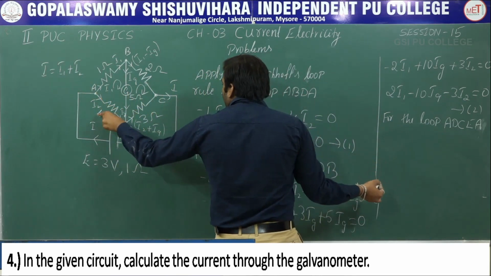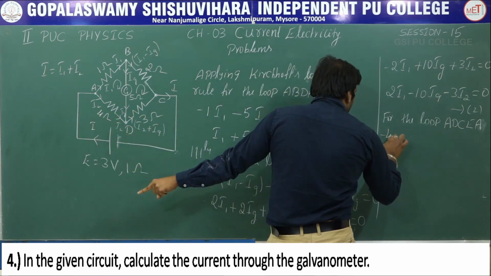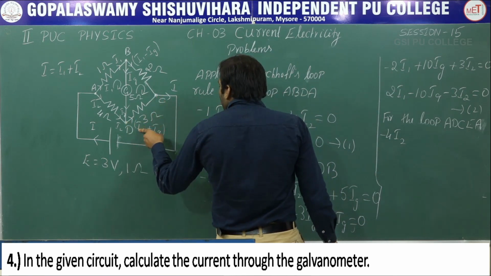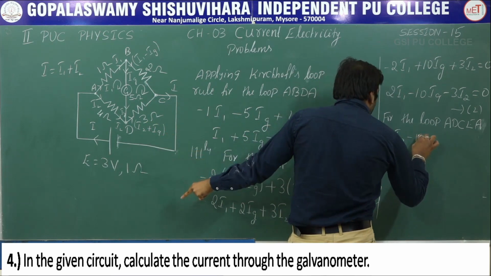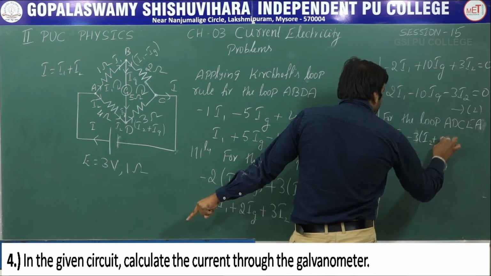From A to D, current is I2, resistance is 4. This will be minus 4 I2. From D to C, I2 plus Ig into 3. This is minus of 3 into I2 plus Ig.